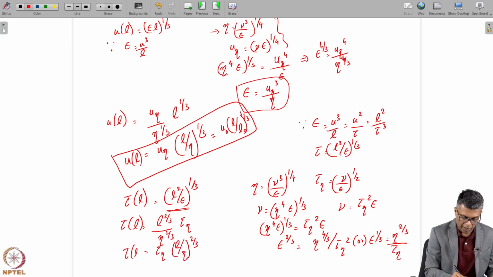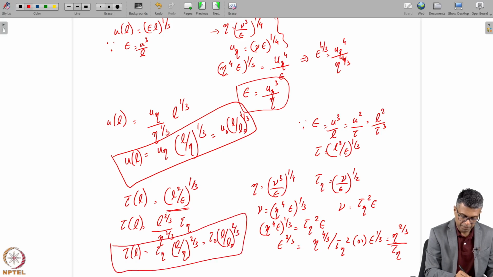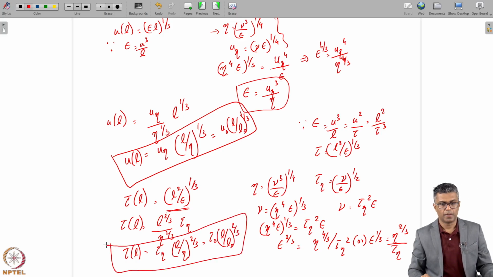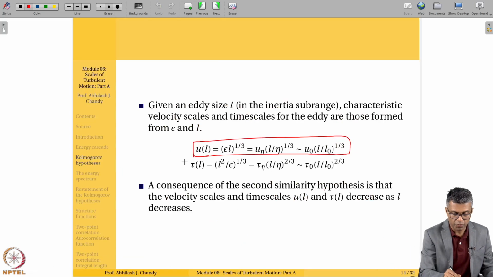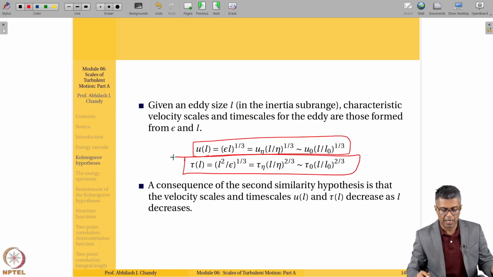So this is your tau of L, which is also equal to tau 0 (L over L0)^(2/3) by similarity. So this is my second equation, which is tau of L is tau eta times (L over eta)^(2/3), which is also equal to tau 0 (L over L0)^(2/3).